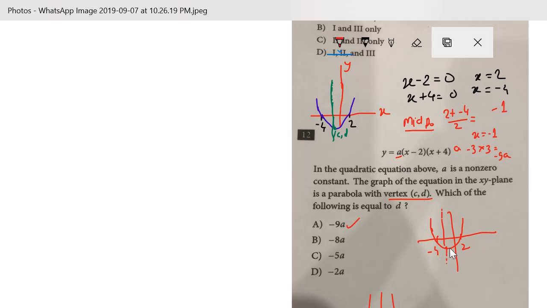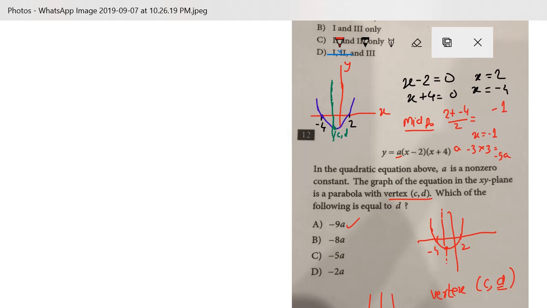They are saying that the coordinates of the vertex are c comma d. So we are supposed to find the value of d, which is the y coordinate of the vertex. The question asks which of the following is equal to d, and this is going to be the answer.